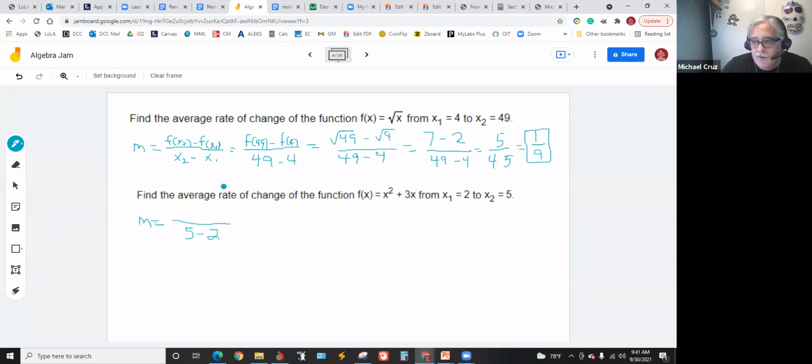So we're just doing the same thing. It's just going to be kind of crowded up there because this is a longer function. Well, I'll just go ahead and put this in first.